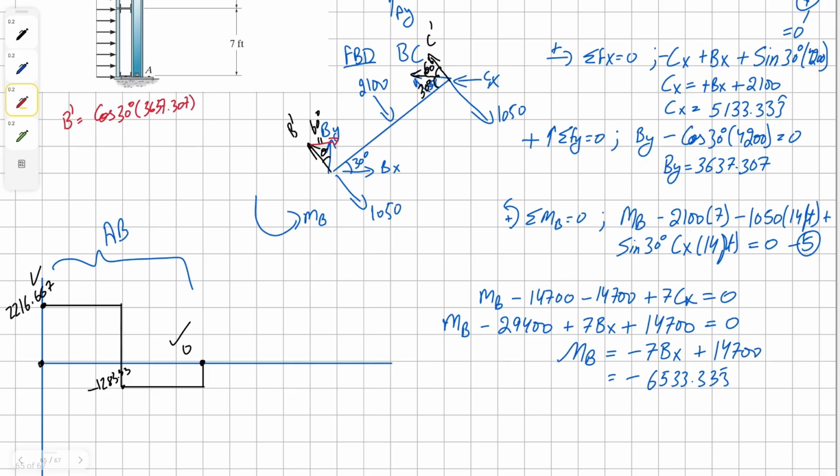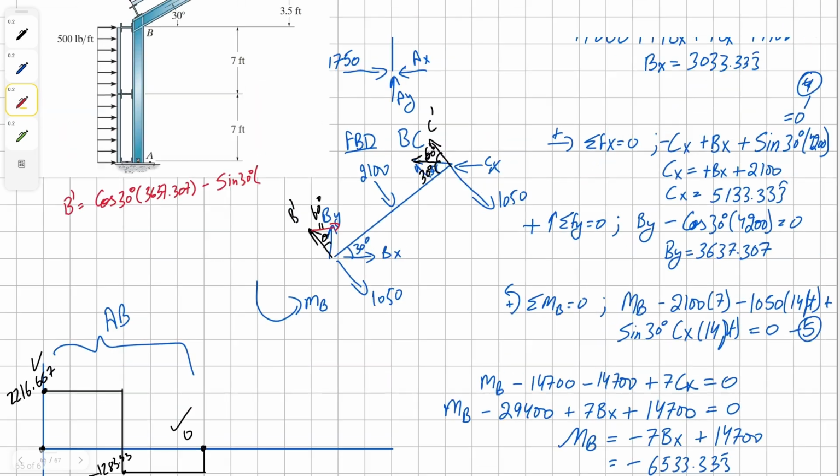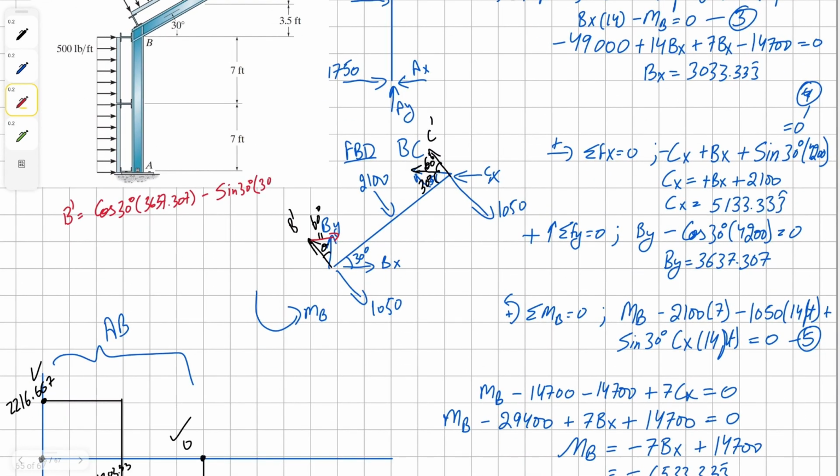And then we have a negative vector sine 30 times our Bx, which was 3033.333 continuous. And then finally we have this load, which is negative 1050. Solving for this, we get our solution as 0.3333 or 4, you can say.